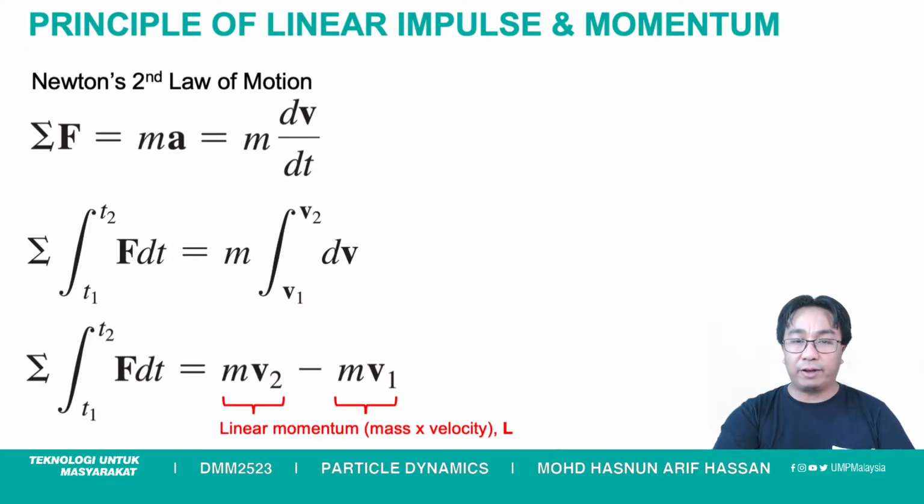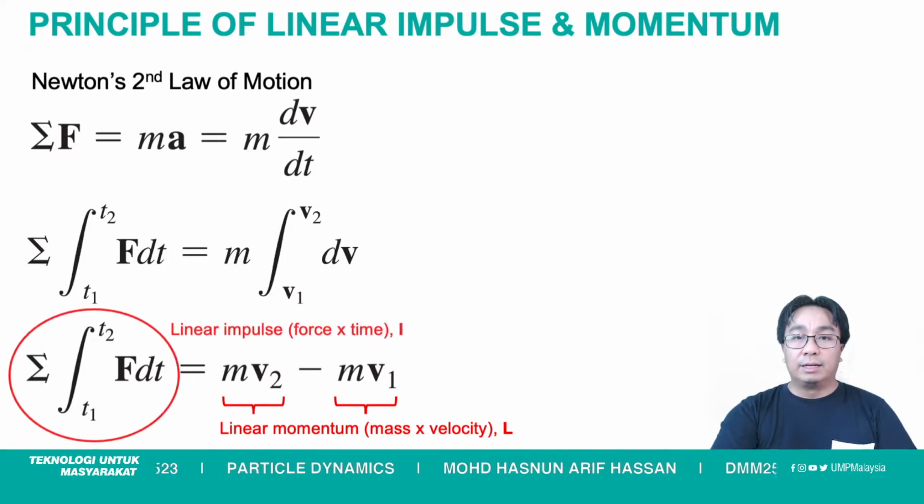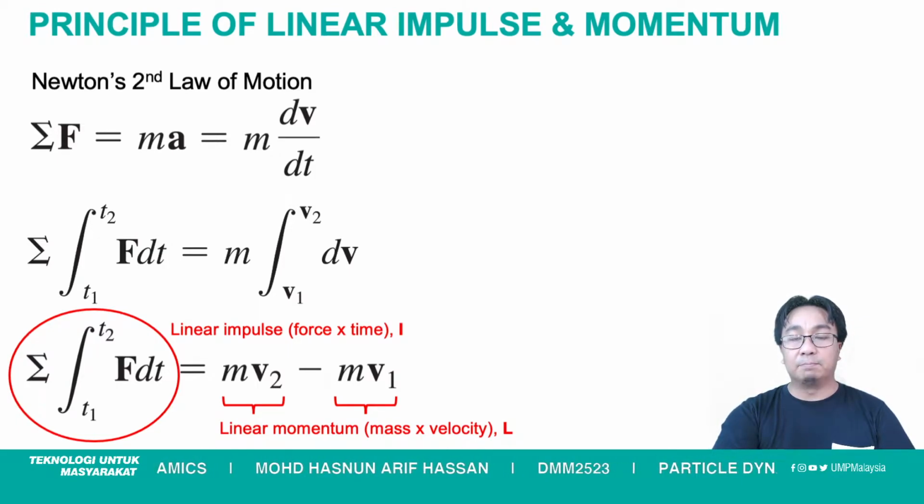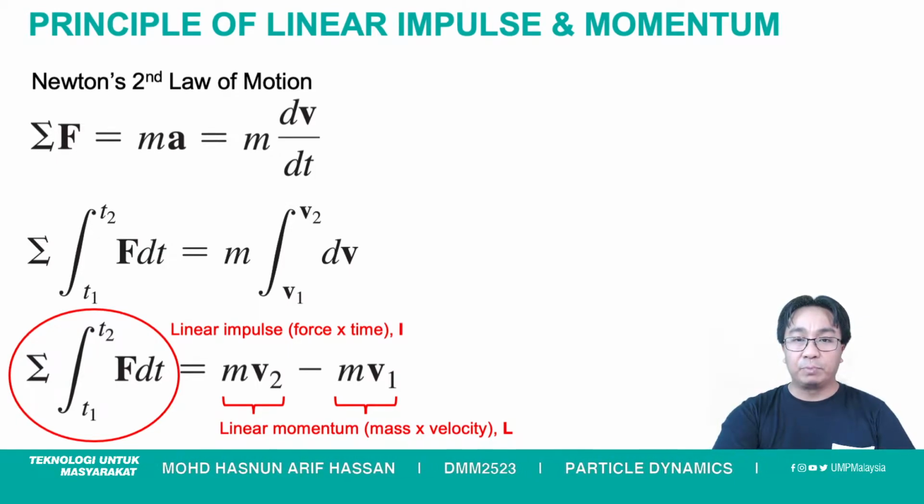What is on the left hand side of the equation? The integration of F dt, or the force multiplied with time, is called linear impulse, and this is also written with the symbol capital I. Remember also that this is a vector quantity as well.